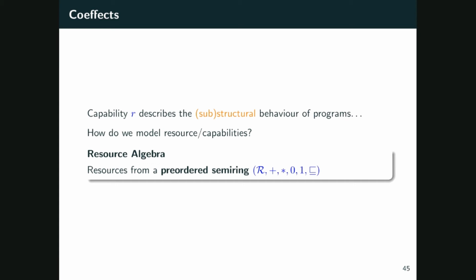So as we have an effect algebra for effects, we have a resource algebra for coeffects, which is just a pre-order semi-ring. So this is the standard structure that you find in the literature for modeling coeffects. Well, of course, variations are possible. There are people that maybe consider a continuous semi-ring or variations thereof, but more or less, this is the kind of structure you find.